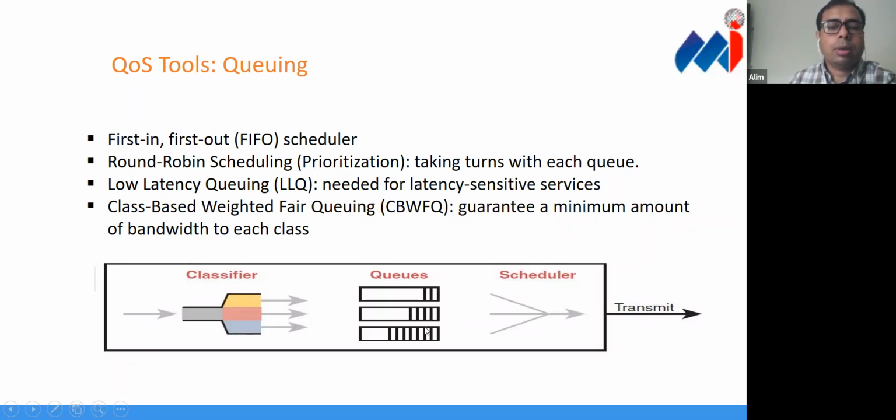Your video, then go to the video queue. So here we have shown three, but in reality it may be more based on your configuration. Then the scheduler will take packets for processing from these queues based on which scheduler you are using, and then it will process and transmit data to the next hop.